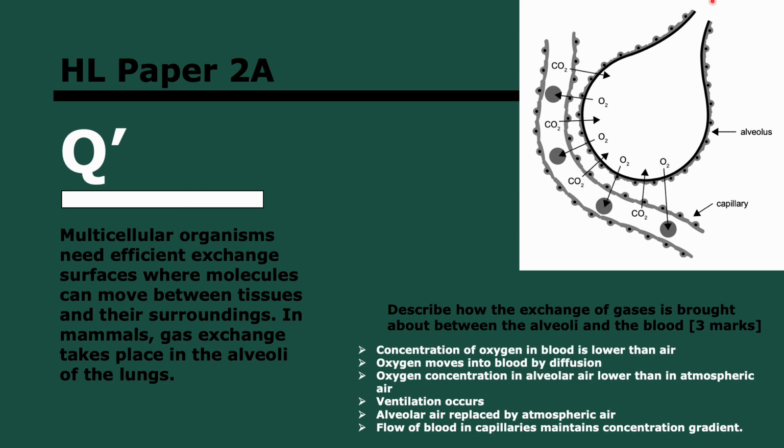That makes ventilation occur, replacing that oxygen into the alveolus, so the air is completely replaced. And the flow of blood in the capillaries maintains the concentration gradient. You can give this answer exactly the same, but switching it around and talking about CO2, or you can do both. But for 3 marks, you don't really need to. As long as you mention some of these aspects, you are good.